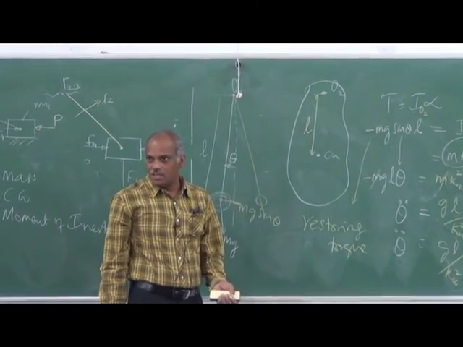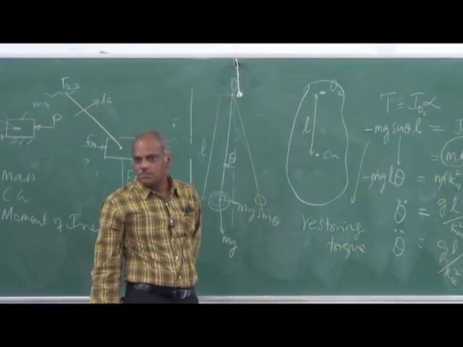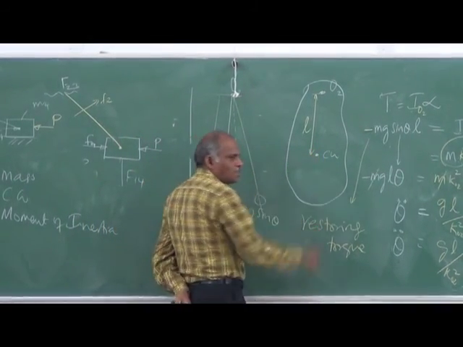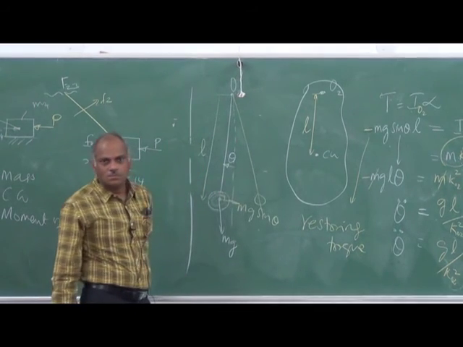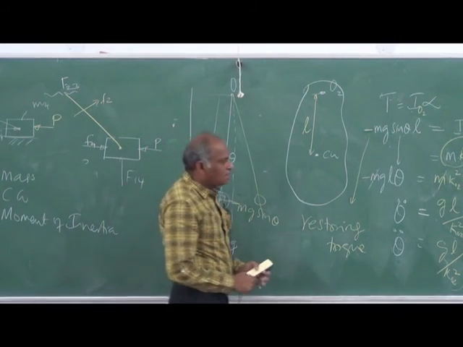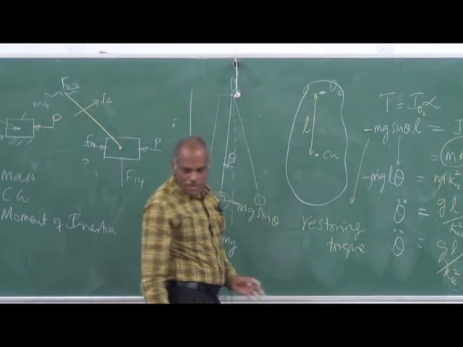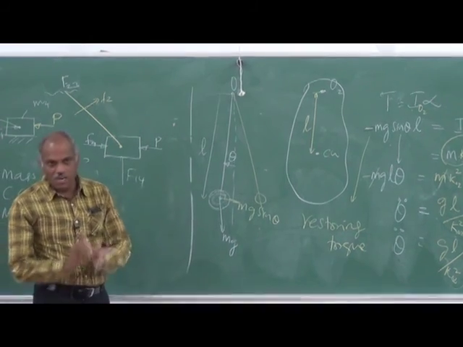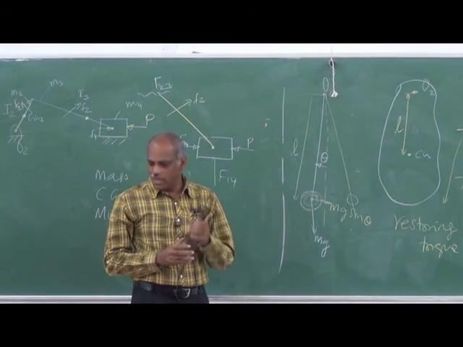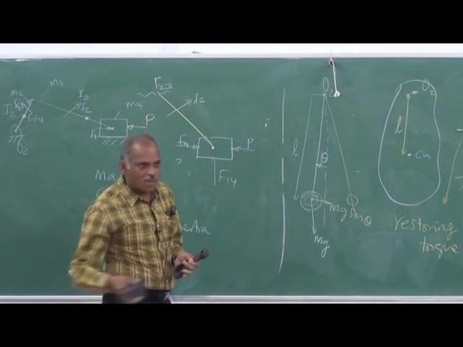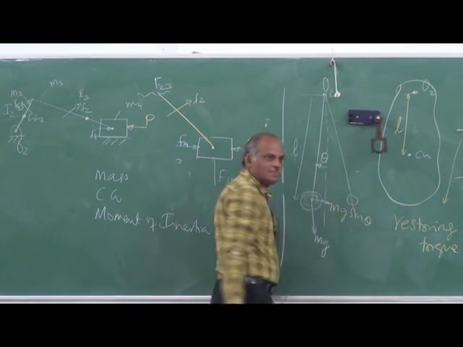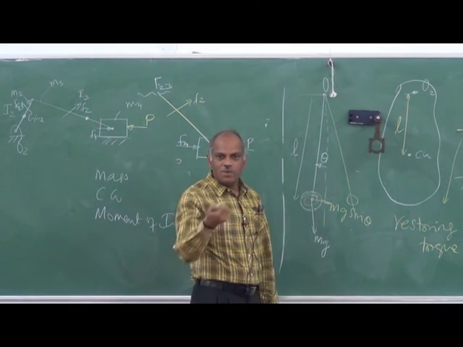Then you can use the parallel axis theorem to find out the moment of inertia of this rod about the CG. So you can measure the moment of inertia of this object very simply by suspending it as a compound pendulum, and you need only a stopwatch.